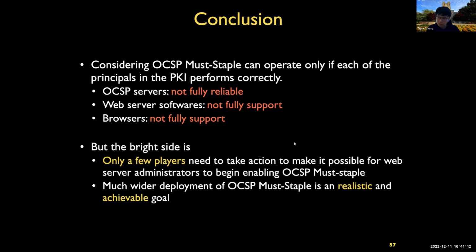So the browser has to understand what the certificate looks like to mandate the OCSP staple response by looking at the certificate extension field, right? So they have to reject the TLS connection if the OCSP response is not stapled by the web server when they receive a certificate with the must-staple extension on.